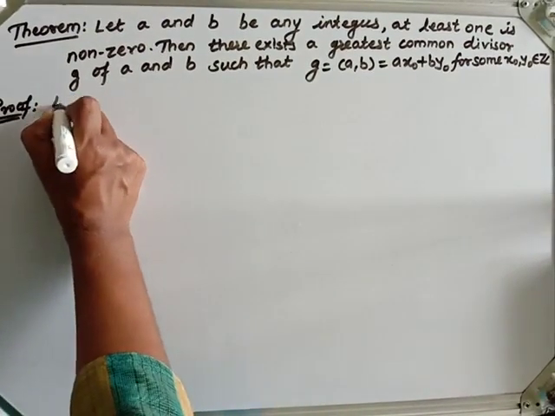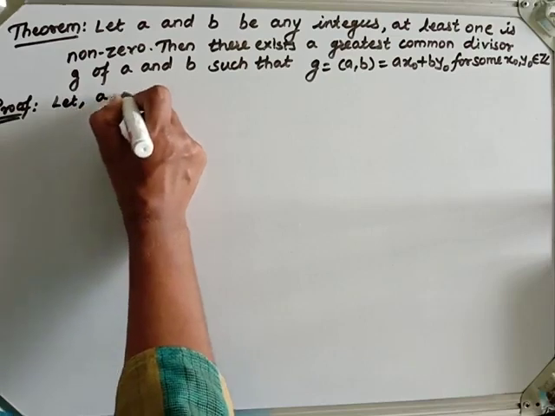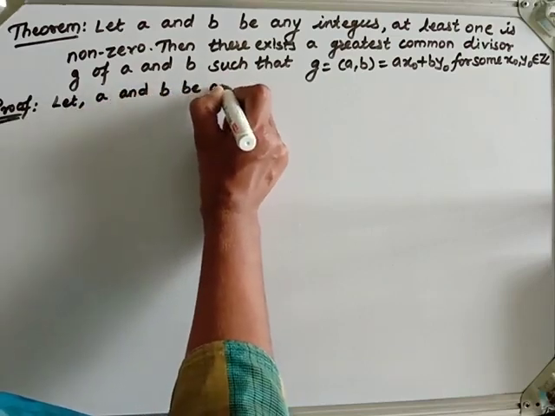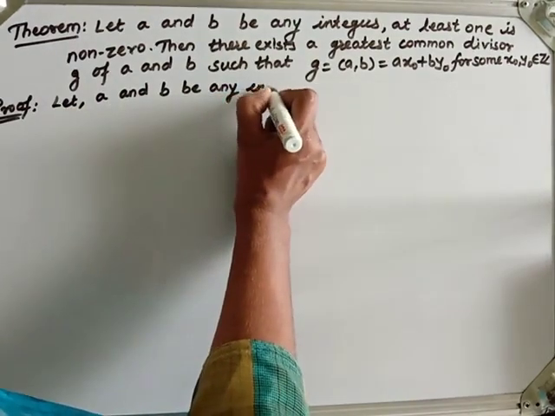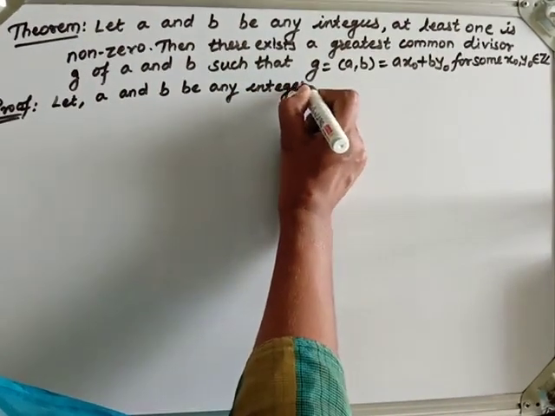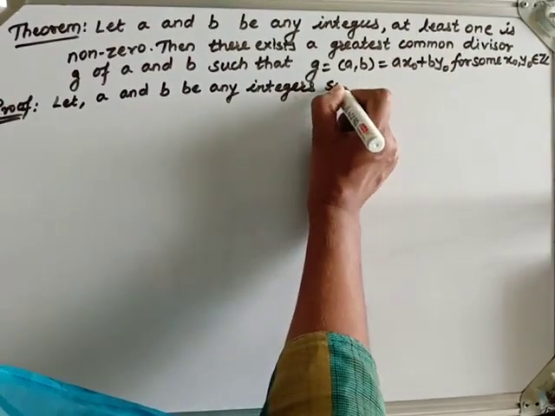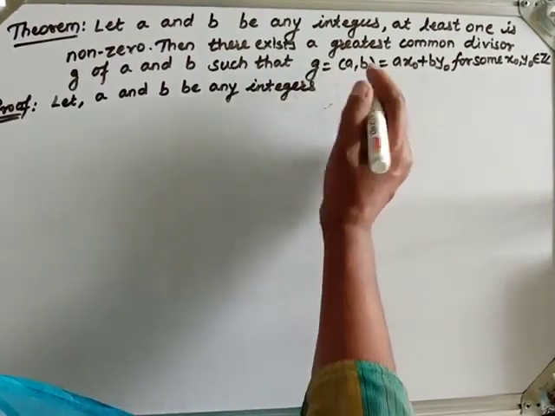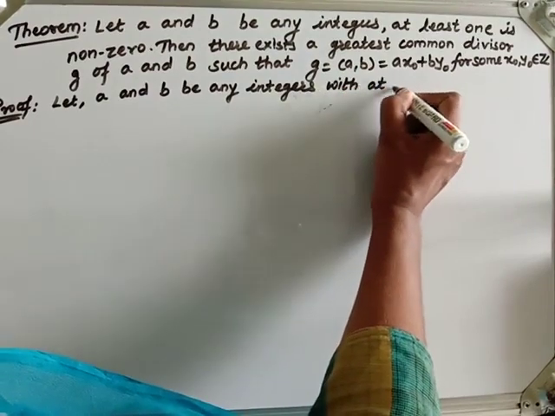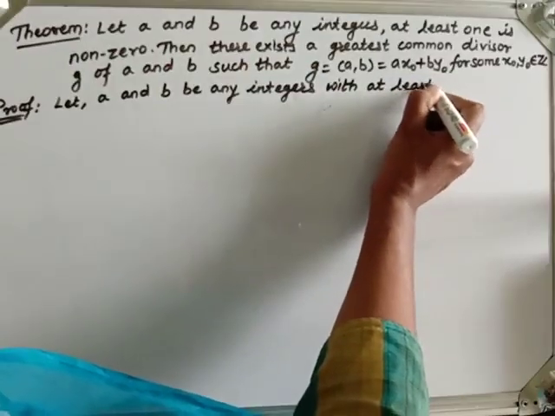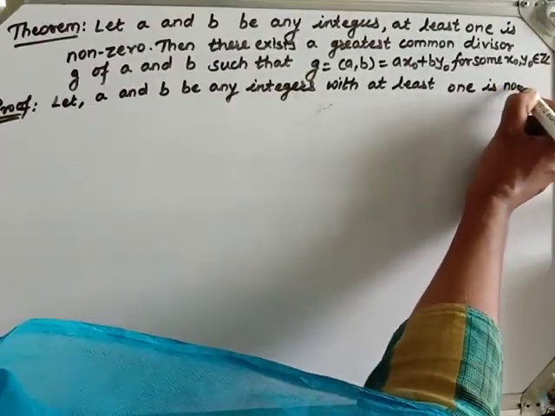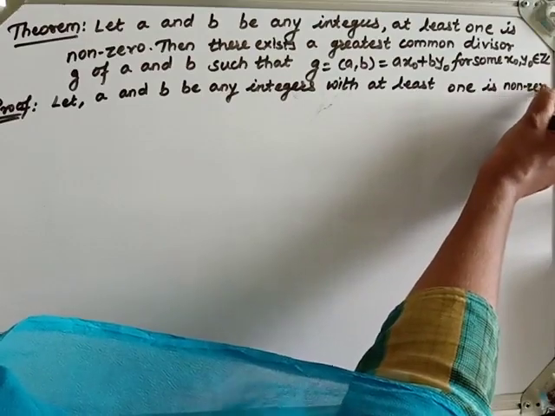So let A and B be any integers, at least one of which is non-zero.